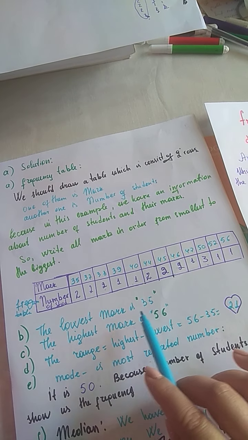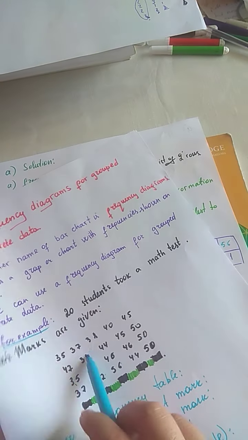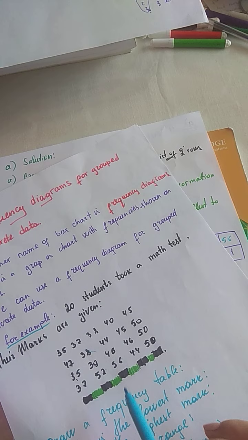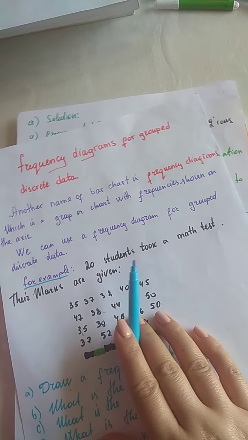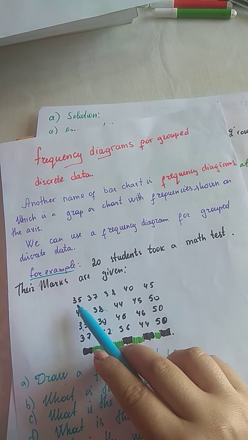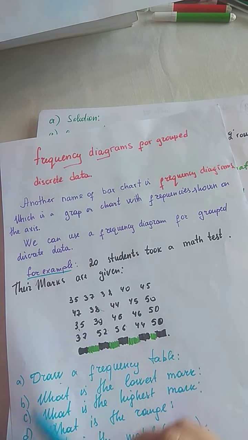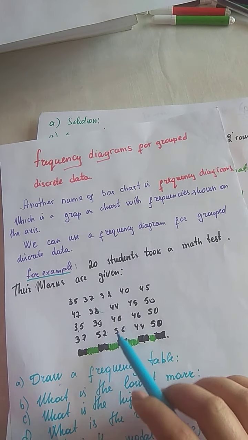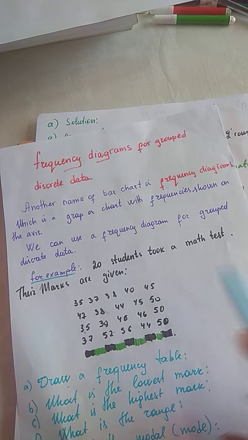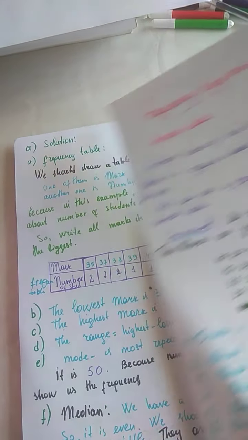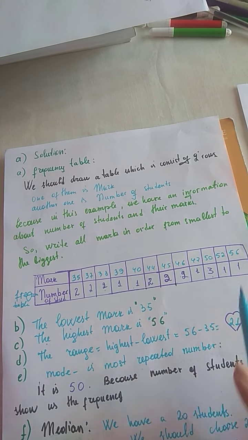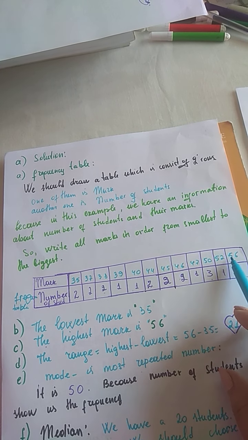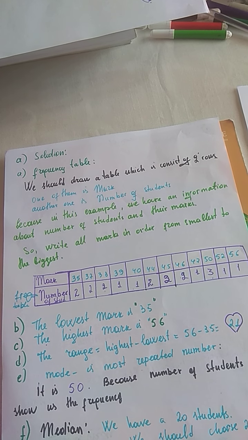Because the marks are mixed, some students make a mistake here. For example, they say the smallest is 35 because it is the first, and the biggest is 50, but the biggest is 56, and it's hard to see that. But on the table we can easily see the highest mark is 56 and the lowest mark is 35.